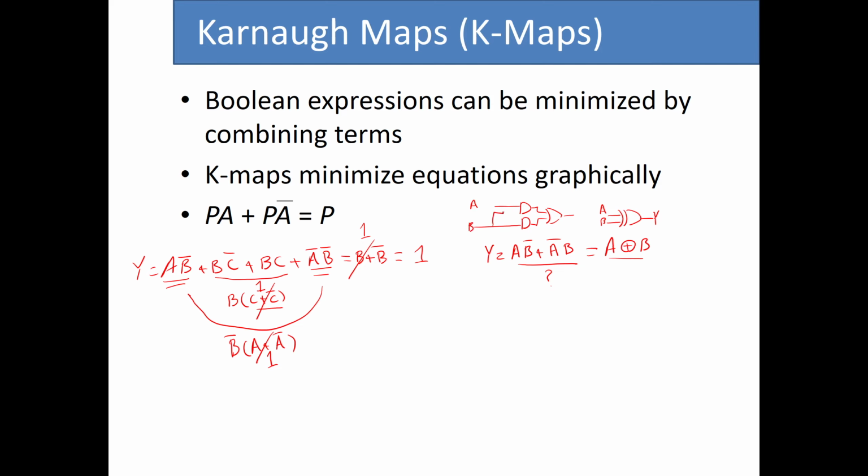For creating the first term, we need to do it like this. For the second term, we need to do it like this, right? So even though these two are equivalent, I wouldn't consider it to be minimized. This has to do more with the implementation, rather than simplification of the equations.